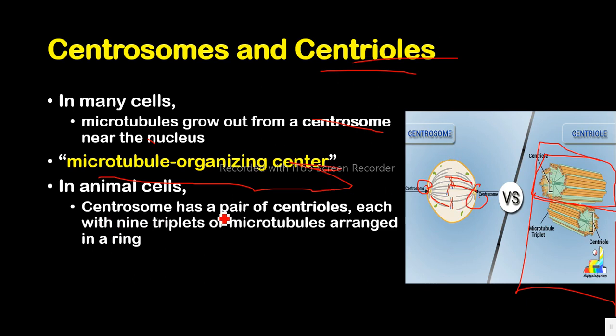The centrosome has a pair of centrioles, each with 9 triplets of microtubules arranged in a ring. They are the ones which will elongate and attach at the opposite poles to bring about separation of the chromosomes during cell division.